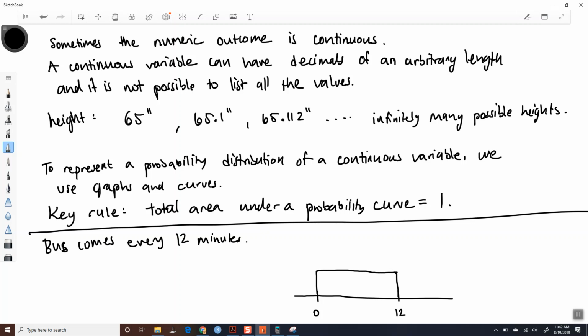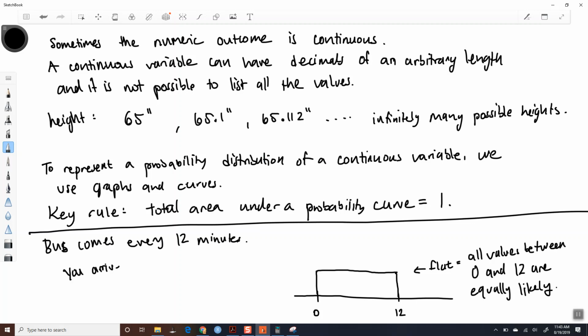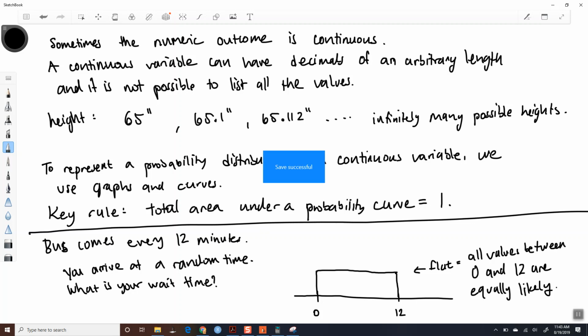And this flat curve indicates that all values between 0 and 12 are equally likely.